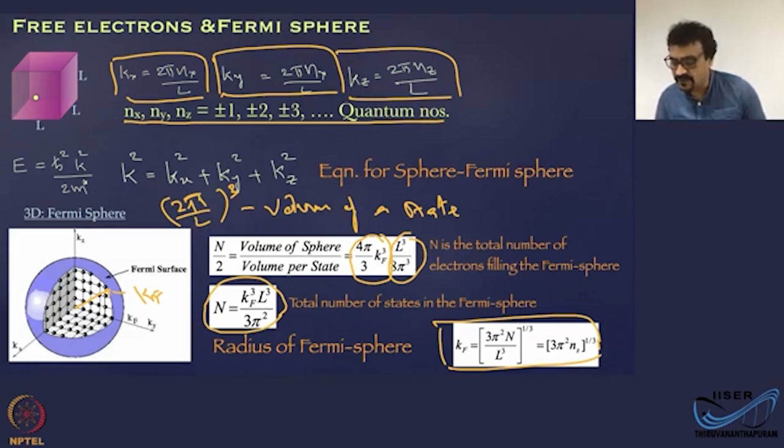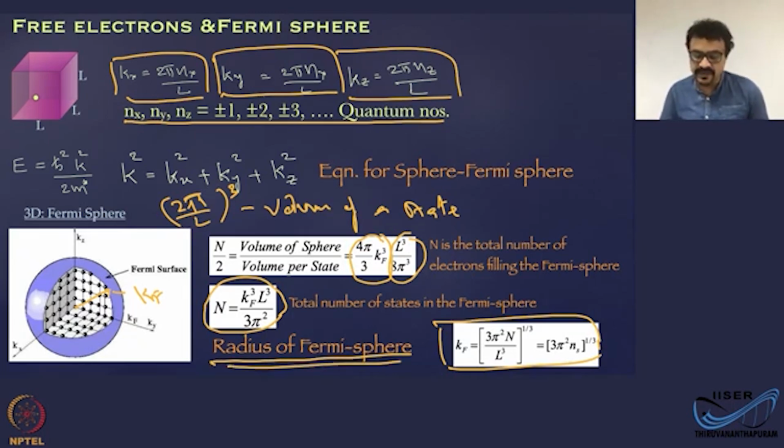The radius of the Fermi sphere is called the Fermi wave vector, and the energy of the state with the wave vector kf is called the Fermi energy. Alright, so this is the overview of the simplest quantum mechanical treatment of electrons in the solid.